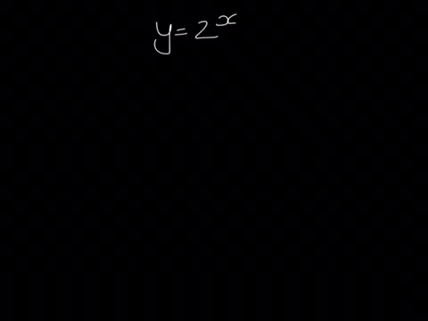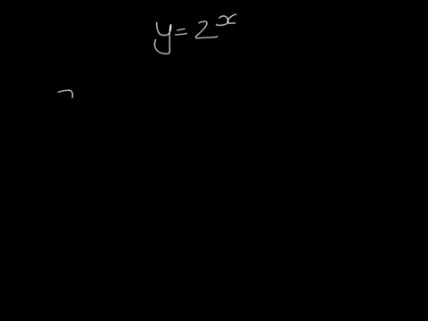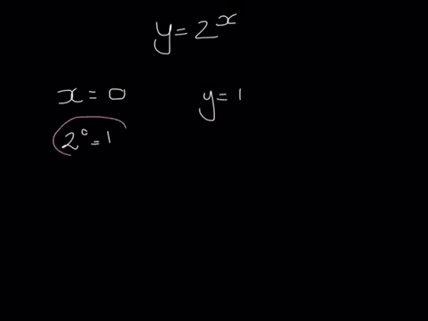So let's just quickly look at a sketch first. There are certain things that I know. For example, when x is equal to 0, y will be 1. How do I know this? Because anything to the power 0 is 1. So this is one of the first characteristics of an exponential function.